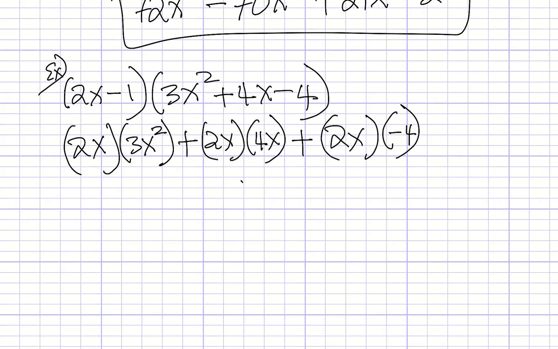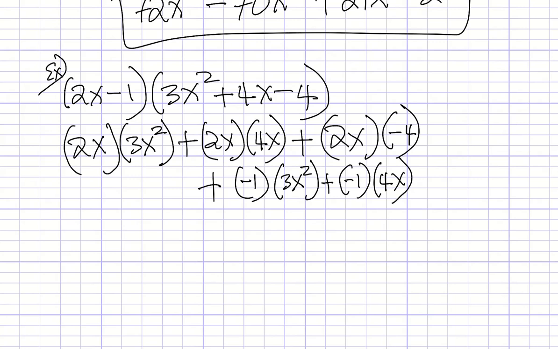Okay, we'll do negative 1, that's plus negative 1 times 3x, okay, plus negative 1 times 4x, plus negative 1 times negative 4.